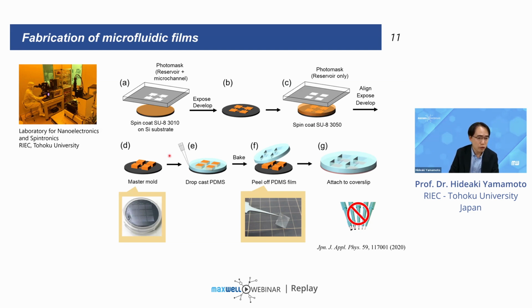We do this by photolithography, first by patterning a thin layer of SU8 to make the microchannels, and then secondly with a thicker SU8 to create the through holes or the wells where the neurons go in. We then drop gas PDMS gel onto this mold, harden it by thermal curing, and then peel off the PDMS to obtain the microfluidic device that looks like this.